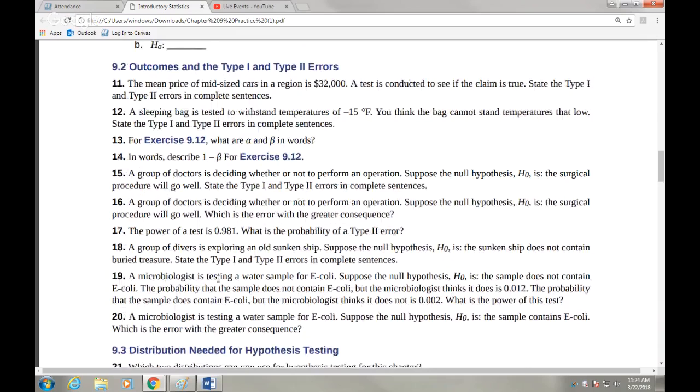Again, 19 is about power. So let me edit your assignment right now. So you've got enough to do what I want you to do right now for section 9.2. We know what type 1 error is. We know what type 2 error is. We're not going to worry as much about actually calculating power. Okay? So number 12, you should be able to do.